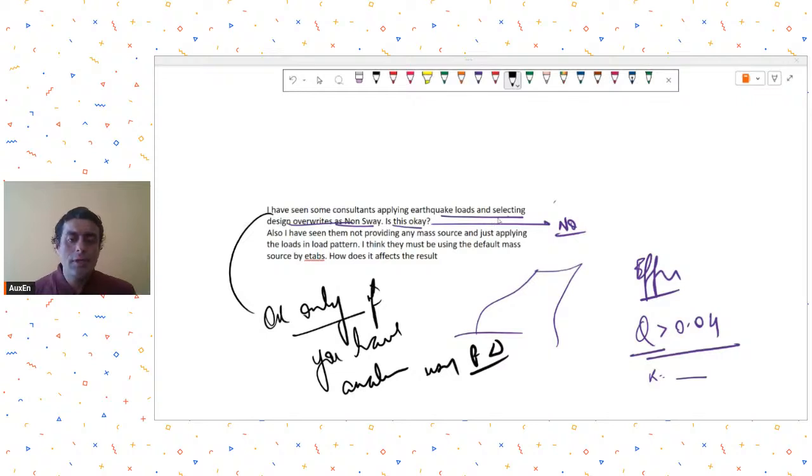So the effects due to the sway will be considered in the P-delta effects themselves. So then it might not be a problem whether or not to take the sway or non-sway frame. Okay. So just check with your consultants if they are including the P-delta effects. If that is done, then non-sway or sway will not be a problem.